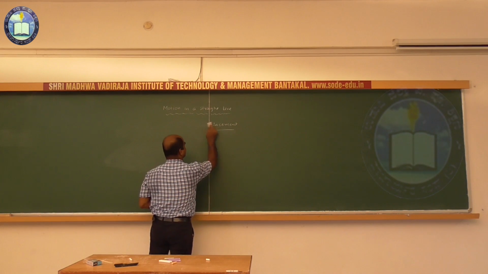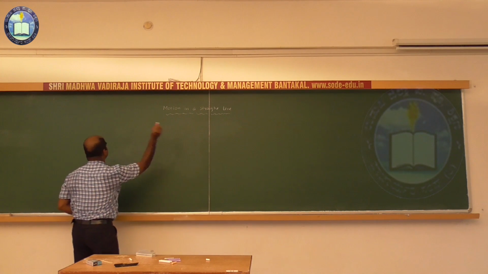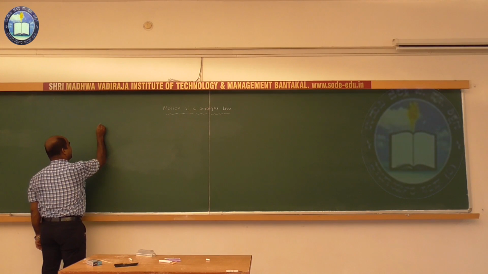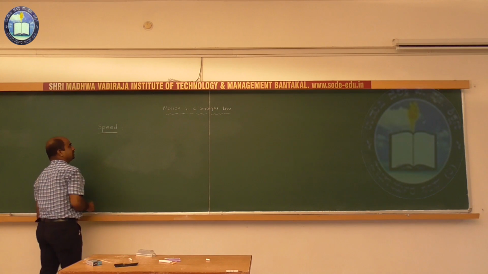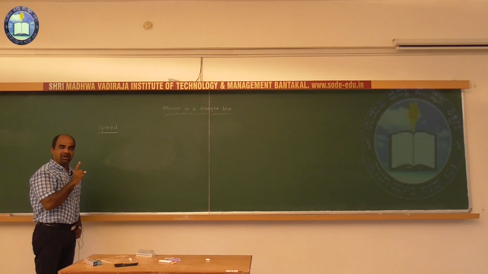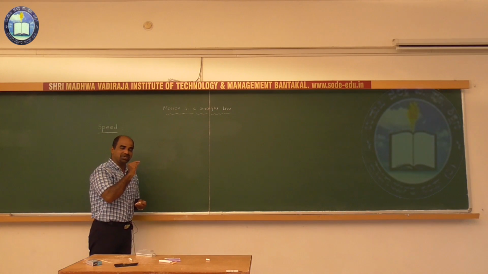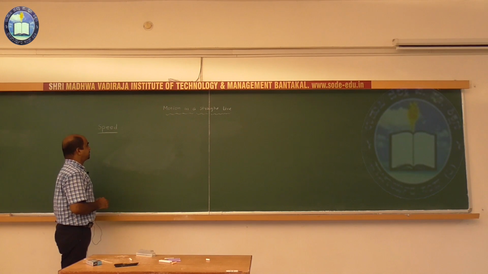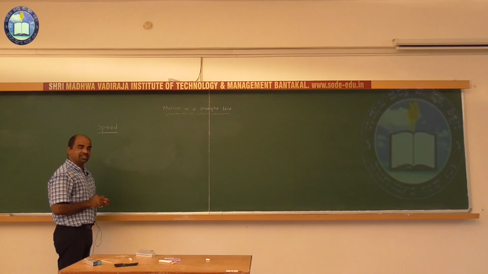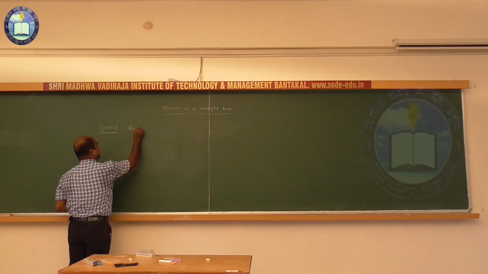So we also discussed speed of a moving body. What is speed? In Kannada it is known as Java. So what do you mean by speed? The rate of distance traveled by a body is called speed, or distance traveled by a body per unit time.